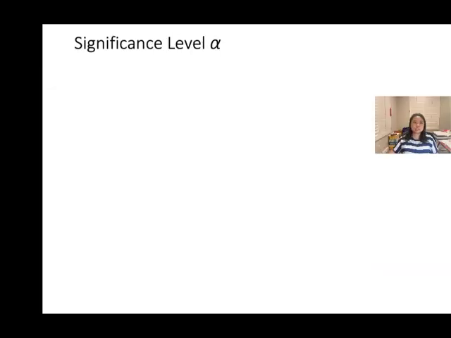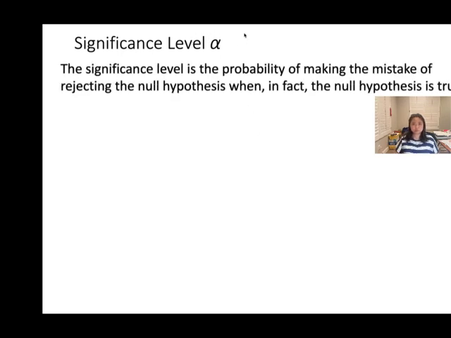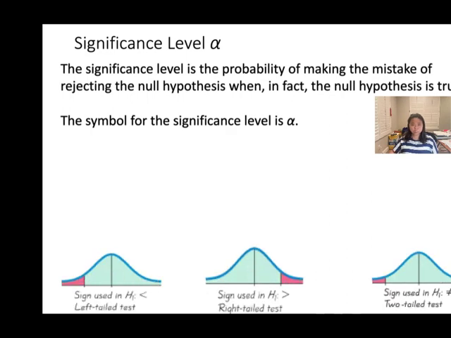Okay, now let's talk about the significance level. For the significance level we will be using alpha. Significance level is the probability of making the mistake of rejecting the null hypothesis when in fact the null hypothesis is true. So look at this picture. What is a significance level?